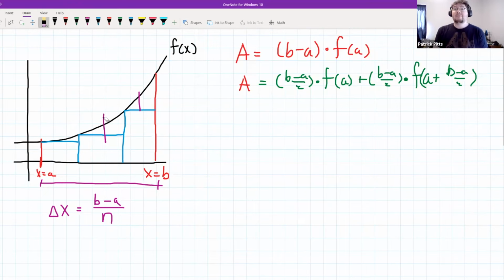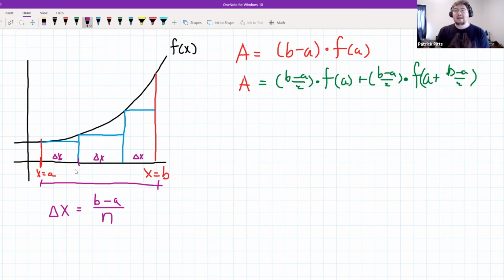Now that we have this funky new value here, delta x, it becomes easier to think about the size of my new rectangles. This width is just delta x. This width is delta x. This width, you guessed it, folks, is delta x. Now, we still have a little bit of complexity in thinking about what are the actual x values.